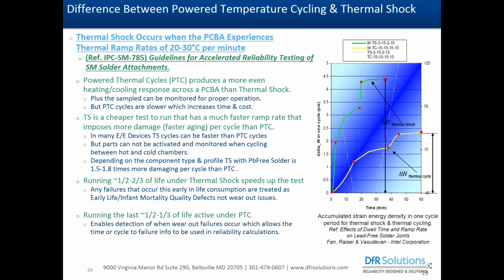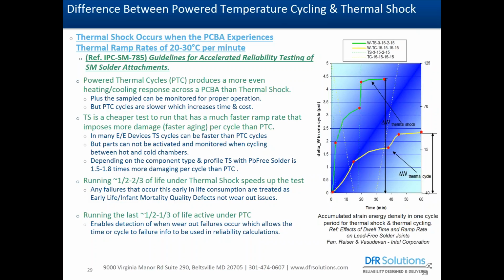So what we developed was a process where you would design your test so that one-half to two-thirds of the life could be consumed under thermal shock cycling conditions. After you came out of that amount of thermal shock cycles, you would do a functional test.